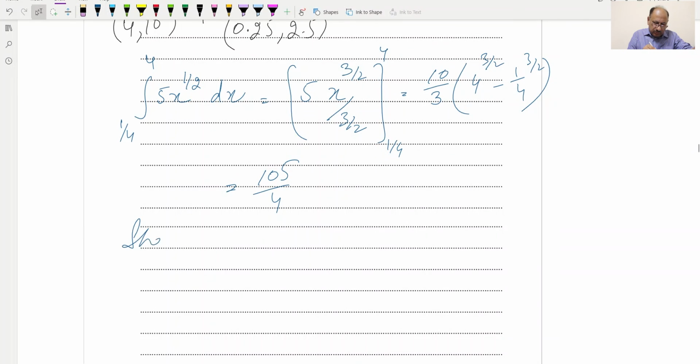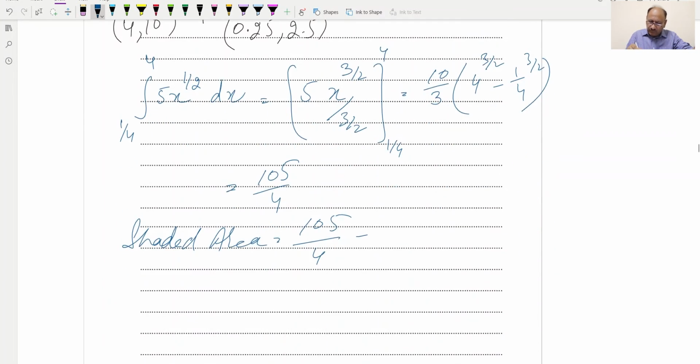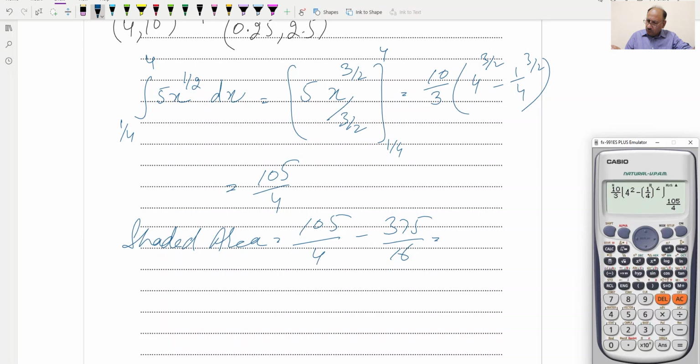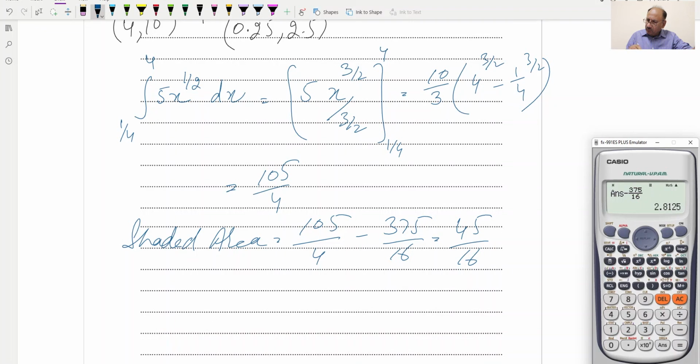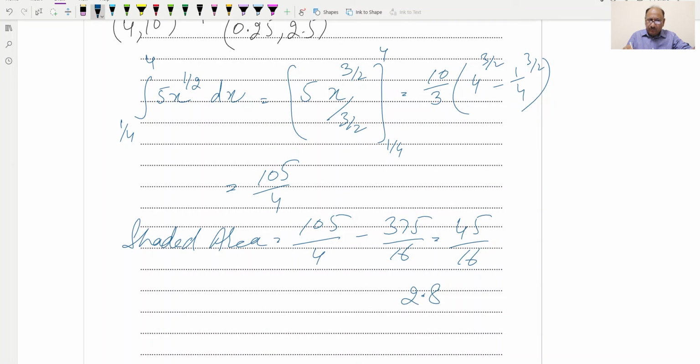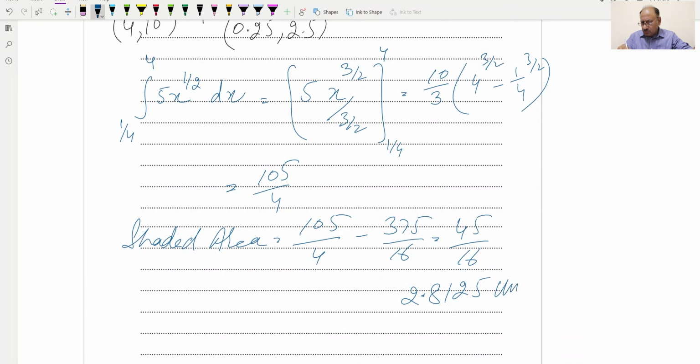Now the shaded region, so the shaded area is equal to the area under the curve, which is this one, minus the area of the trapezium, which is 375 over 16, and this is giving us 45 by 16, and the decimal value will be 2.8125, and this will be units square.